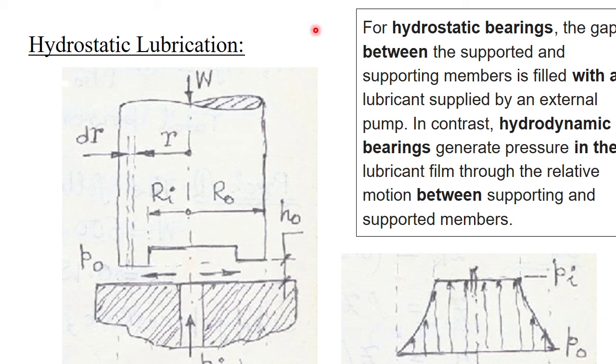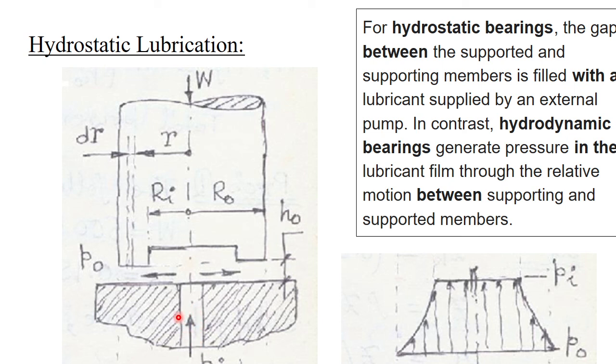In such cases, hydrostatic lubrication is used, where this is the bottom surface and this is the load which has a relative motion, and they are separated by this film thickness H0, where we supply a pressurized fluid through this path.